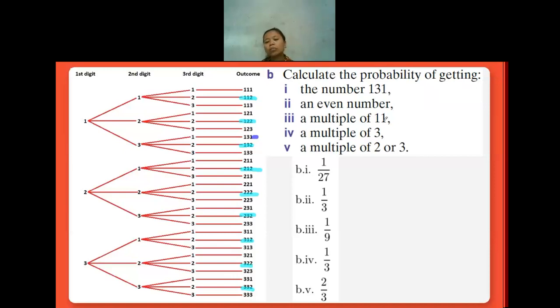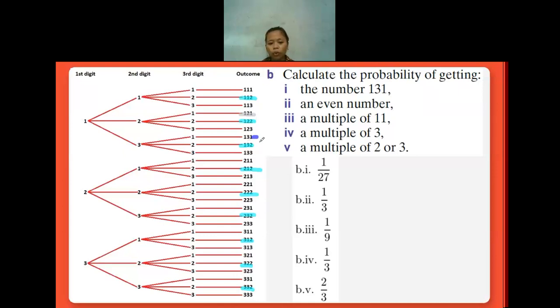For the question B, multiple of 11. Multiple of 11 means the number is divisible by 11. Which numbers are divisible by 11? The number is 121. After 121, what other number can be divided by 11? 132.